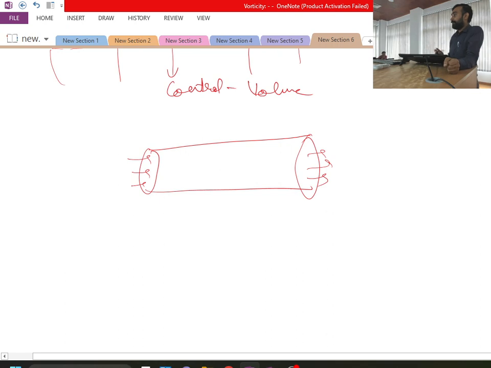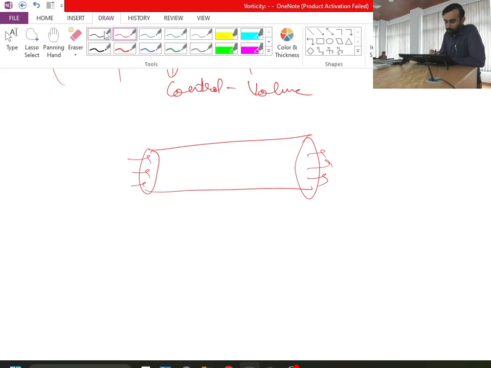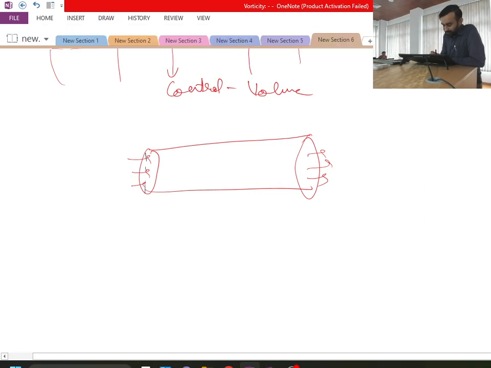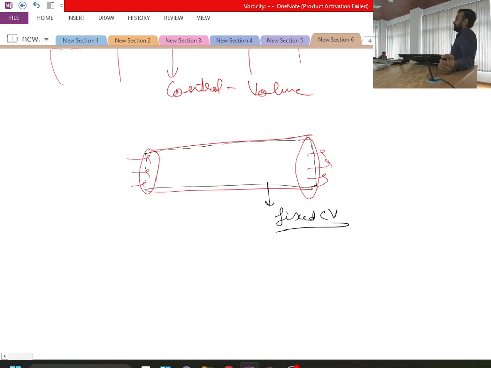I am interested in how the interaction between the fluid and the pipe takes place. In this case the pipe is fixed, so when I choose a control volume over here, say this is my control volume, it is fixed in space. So this is a fixed control volume. Fine. Is this one clear?